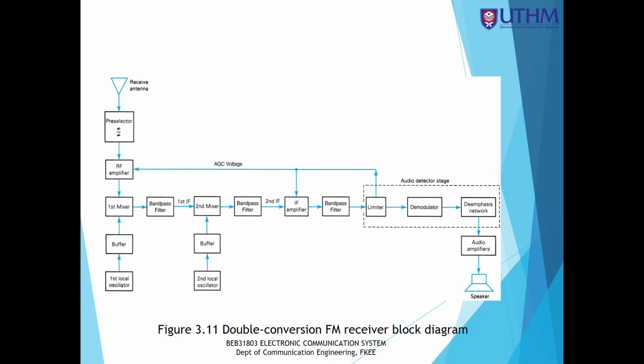Okay, so last week we learned about this double conversion FM receiver block diagram. And for your information, this is the real system that has been used nowadays. Even nowadays, we are still using a double conversion FM receiver.